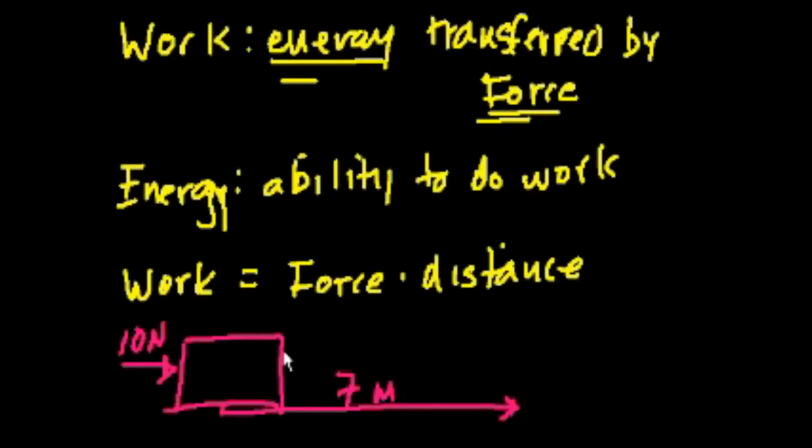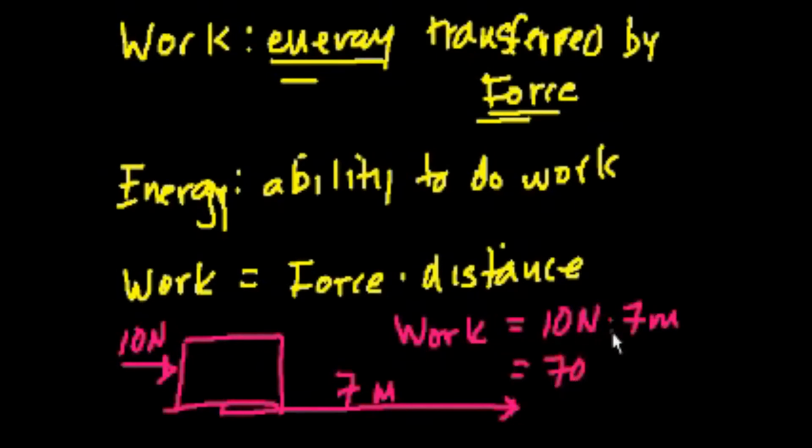So the work that I applied to that block, or the energy that I transferred to that block, the work is equal to the force, which is 10 newtons, times the distance, 7 meters. And that would equal 70, 10 times 7, newton meters.